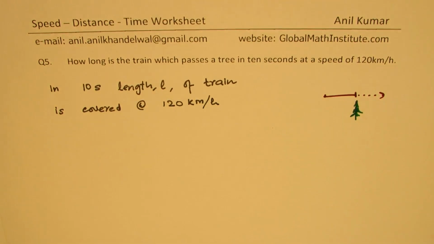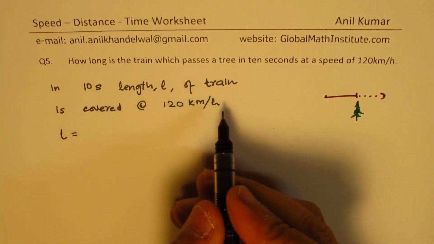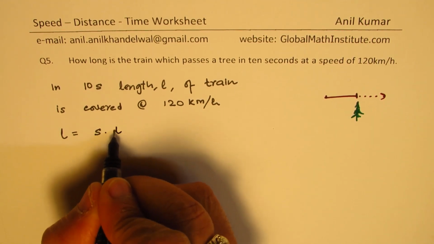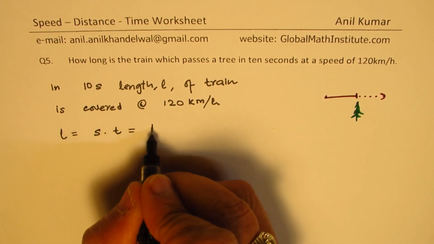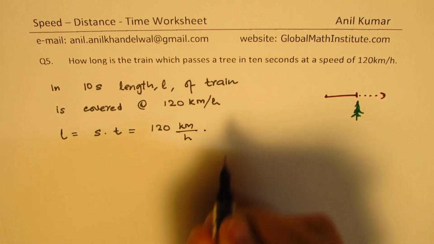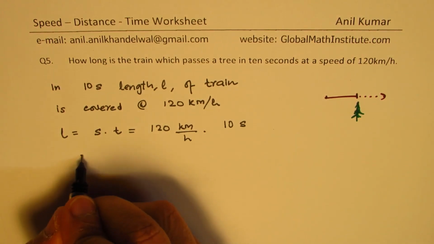Does it make sense to you? Correct? So that is what such questions really mean. So we can again find the distance traveled. So length L is speed into time, right? So in this case, the speed is 120 kilometers per hour, but the time is in 10 seconds. So we have to now convert the units and then get our solution.